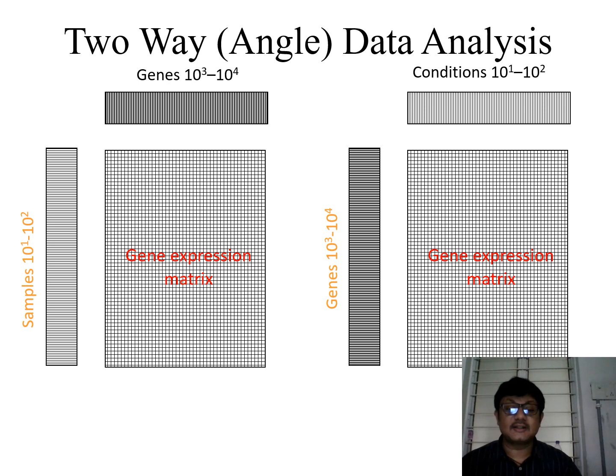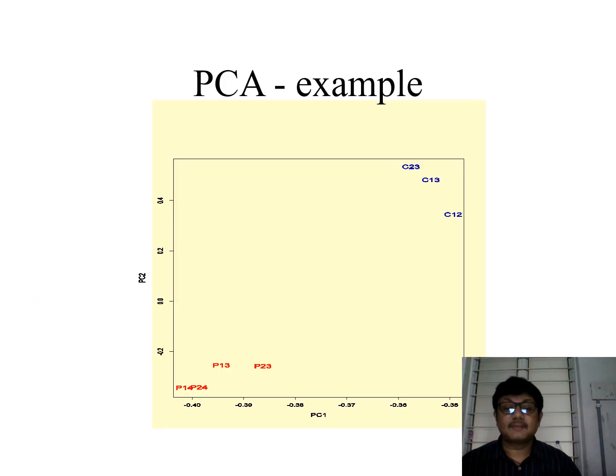Here we can see the genes of 10 cubed to 10 to the power 4 are also there. The genes, 10 cubed to 10 to the power 4, are applied with the conditions 10 to 10 squared in the gene expression matrix. PCA example, here we can see how it is represented.